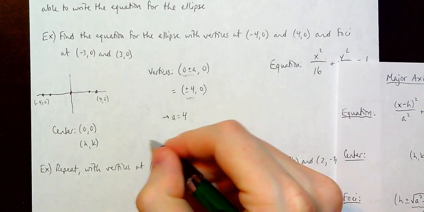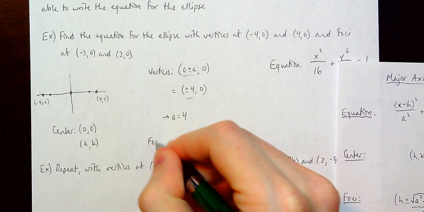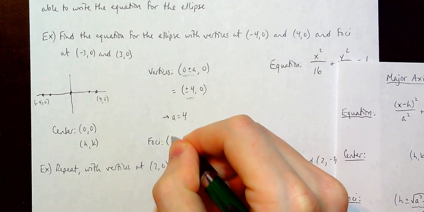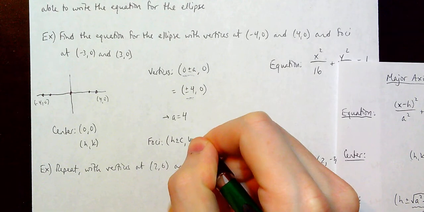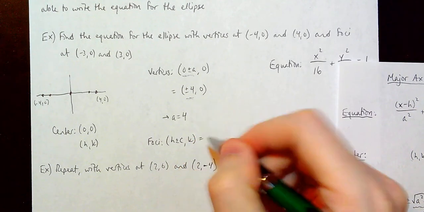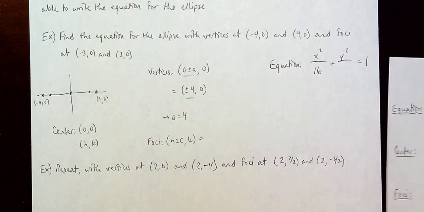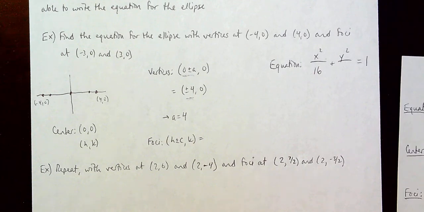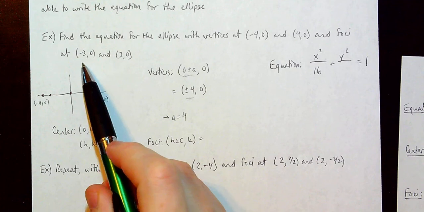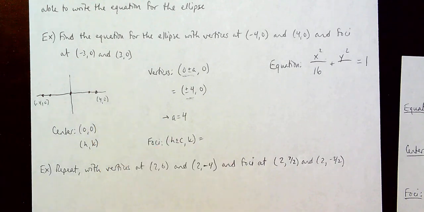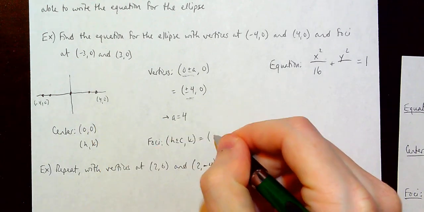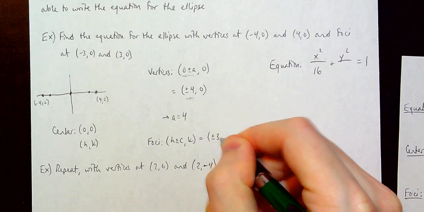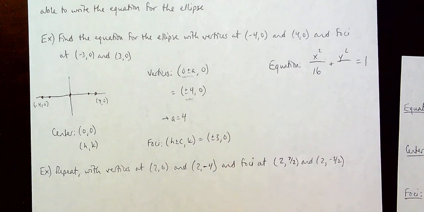All right, let's write that. H plus or minus c, comma k. And our foci occur at negative 3, 0 and 3, 0. So that is to say, they occur at plus or minus 3, comma 0.